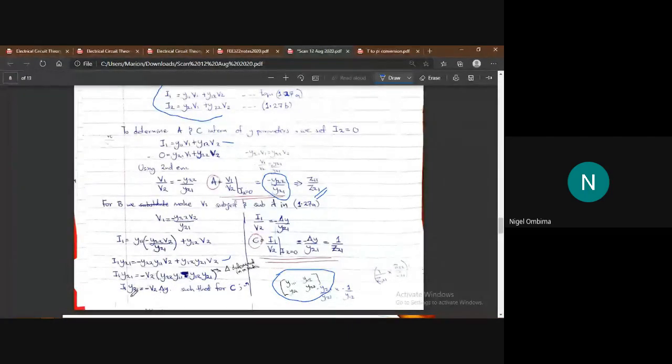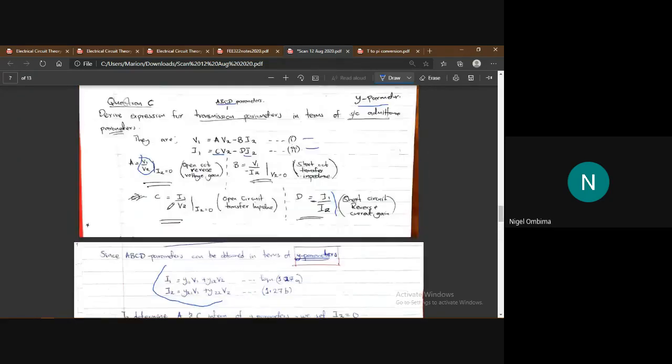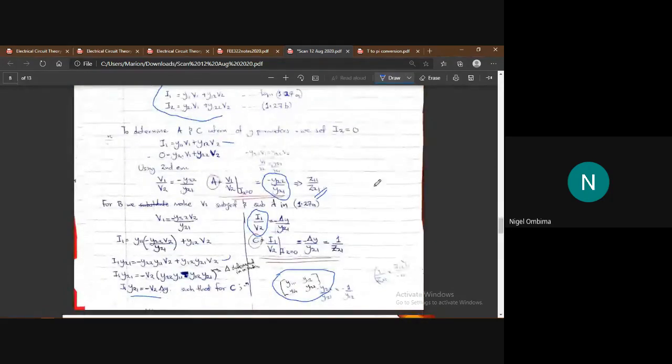So this boils down to I1 over V2 equal to delta Y over Y21. So we notice this I1 over V2 that we have found is this here, so it gives us the value of C.